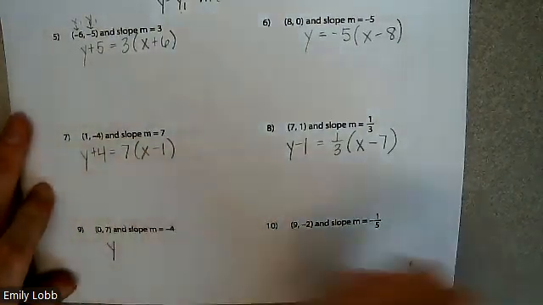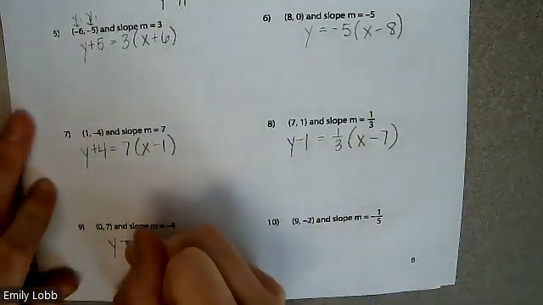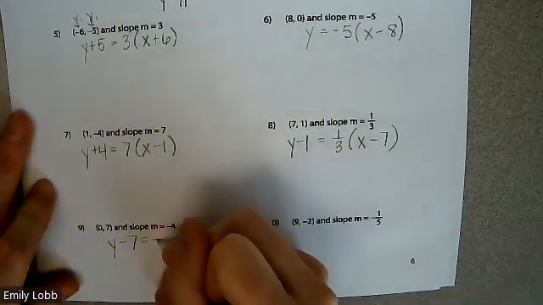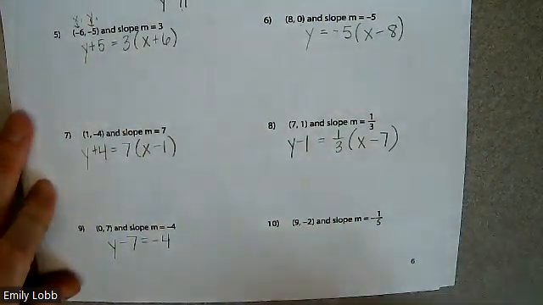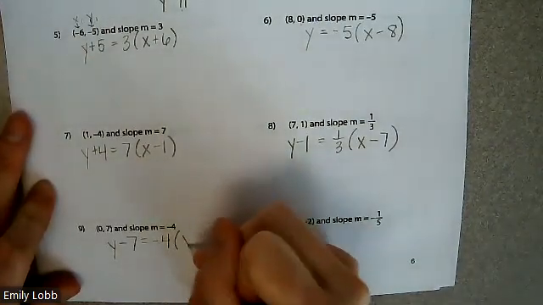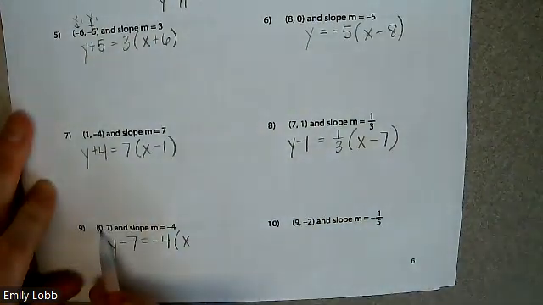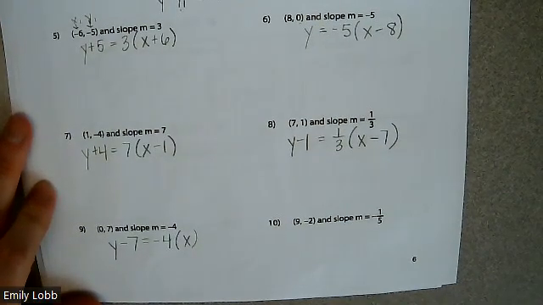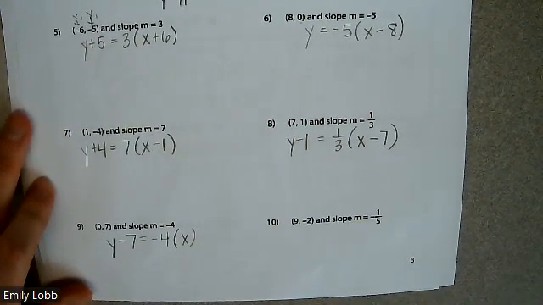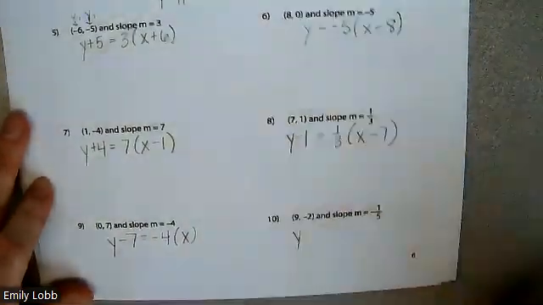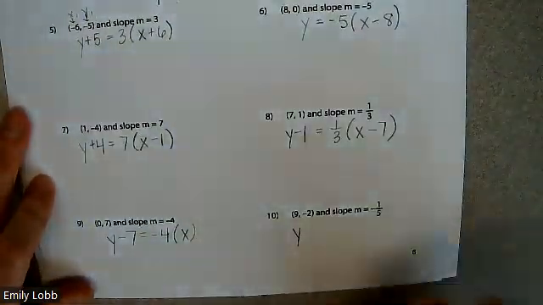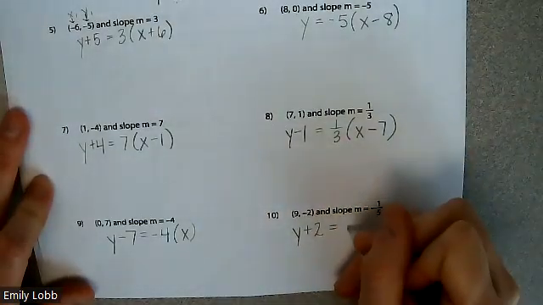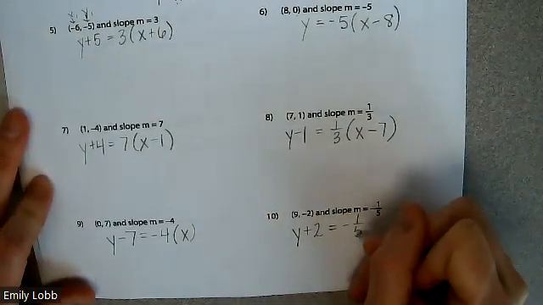All right, y plus or minus 7? Plus 7 is equal to our slope. Open parenthesis, x, and x minus 0 is simply x. Y plus or minus 2 is equal to our slope, which is a negative 1/5.